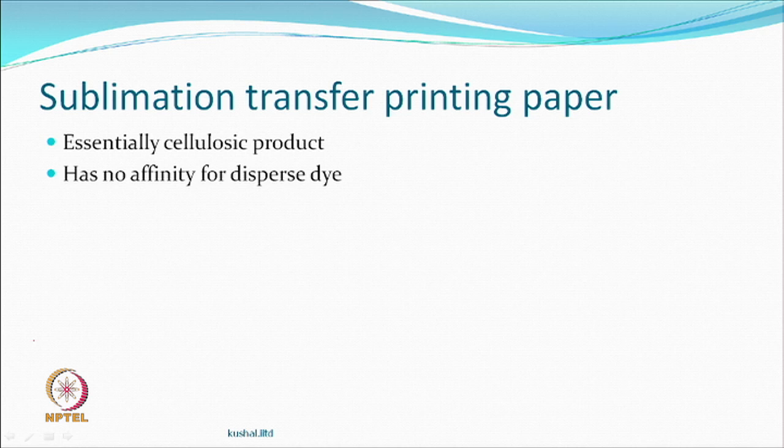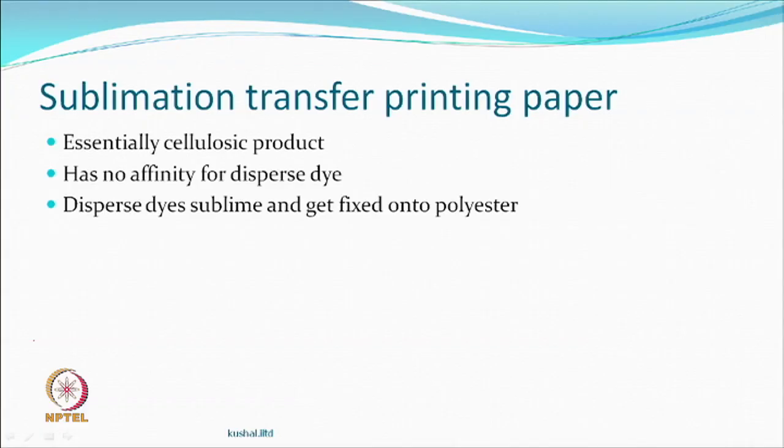So, if you print a paper with a dispersed dye, and then as we understand there is sublimation involved, you are going to be increasing the temperature of the paper and fabric combination. So, the dye is going to be vaporized. The dye can go anywhere, but because cellulosic material does not like the dye, affinity is low. So, most of the dye is going to be transferred to the polyester fabric, and therefore, efficiency will also be high.